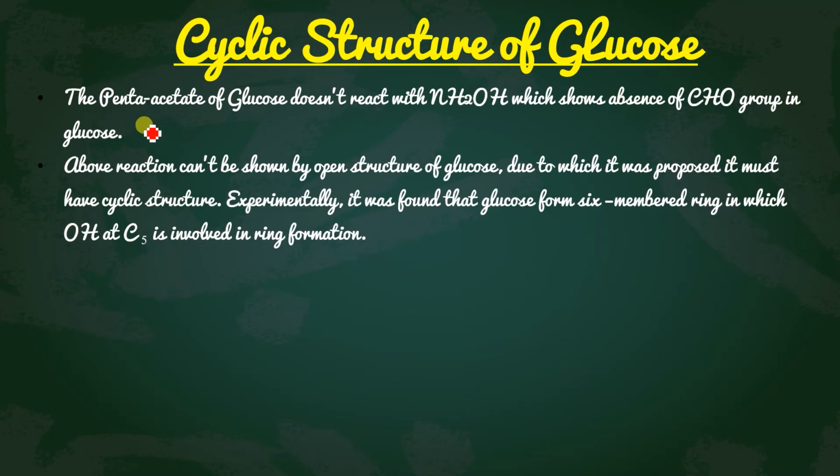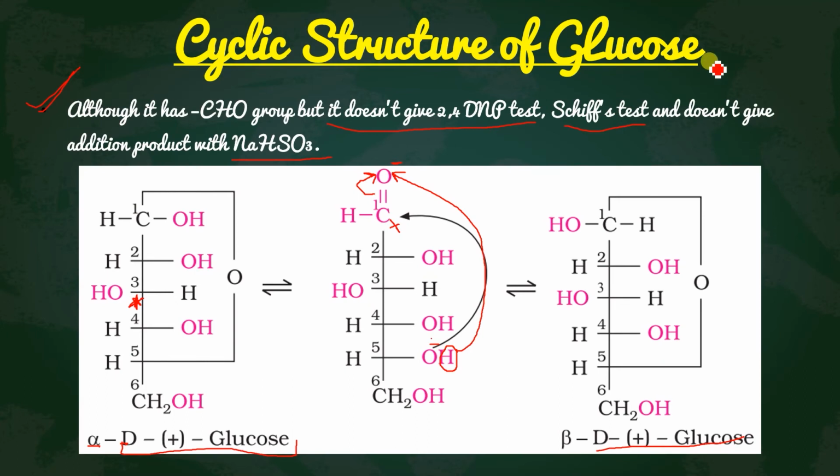Like the pentaacetate of glucose does not react with NH2OH, whereas we know that if an aldehyde group is there, it will react with NH2OH. Okay, which shows the absence of a CHO group. That means there is no CHO group. Why is it not there? Let me show you. Although you can see the CHO group, it exists as a cyclic form, so you cannot see the CHO group.